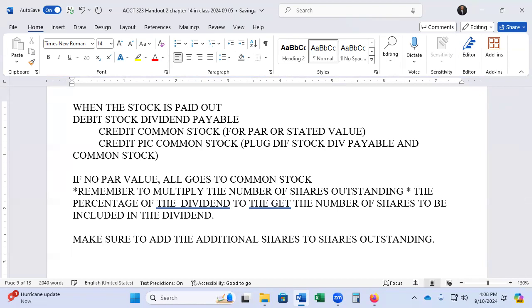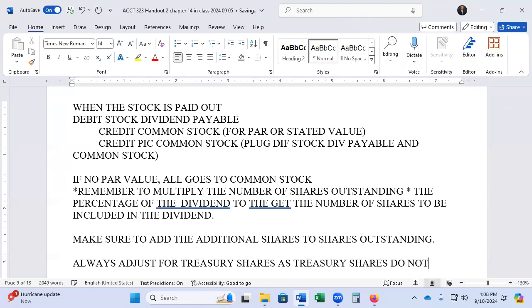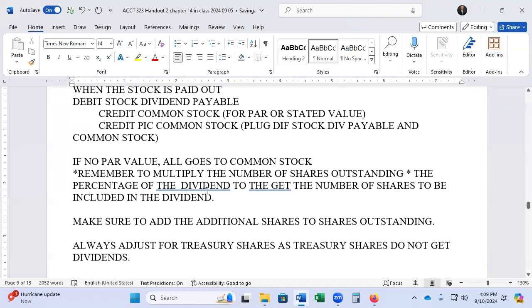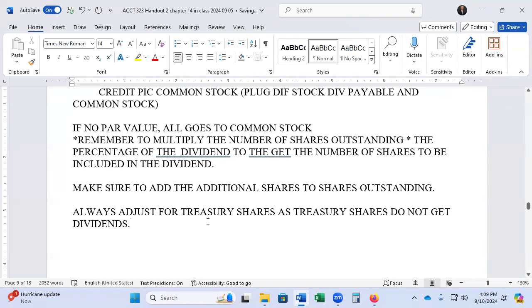And then the last little reminder: always adjust for treasury shares.